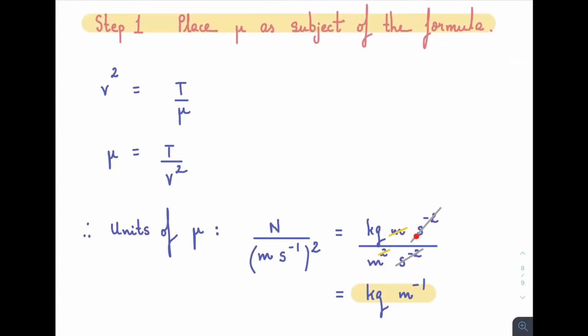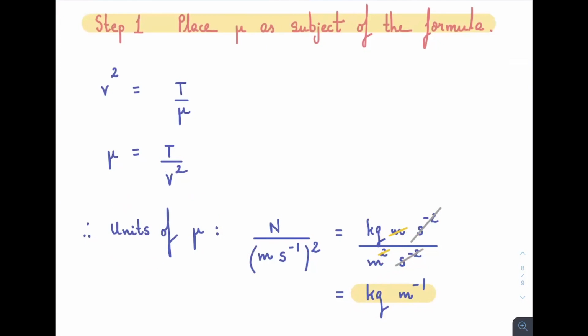So we have second minus 2 in the numerator, cancelling with second minus 2 in the denominator. Meters in the numerator cancels with squared in the denominator, leaving us with meters. So we end up with kilograms per meter. So this is the answer. These are the units of mu.